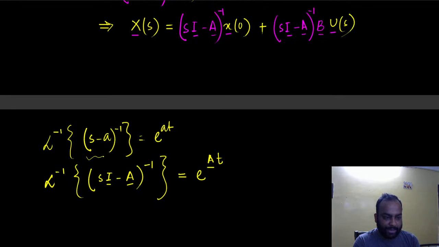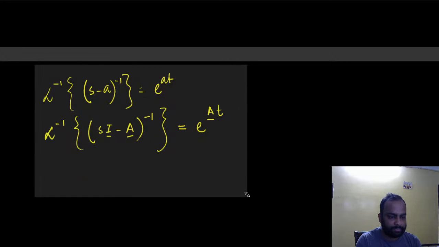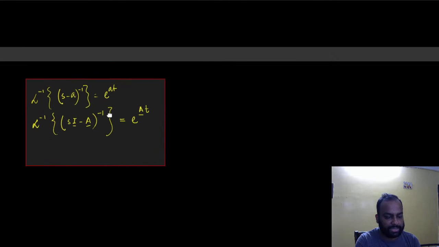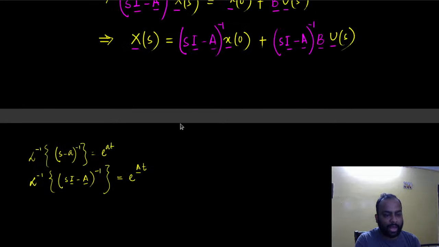Because (sI minus A) to the power minus 1 is the same thing as this one, and as such their Laplace transforms are also similar in that way. So that's something we understand now, and once we understand that, we can apply inverse Laplace transform here.